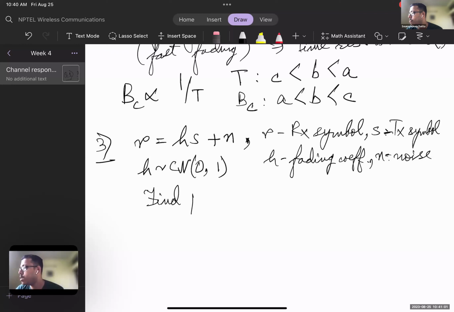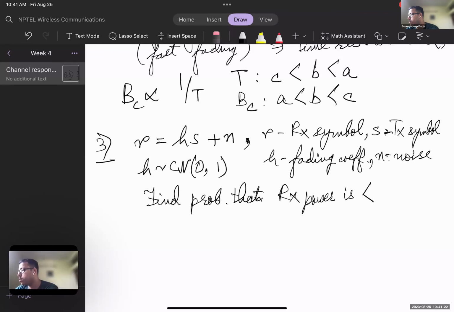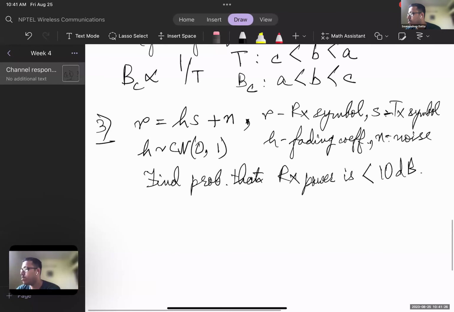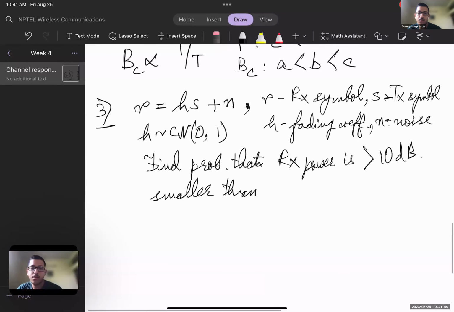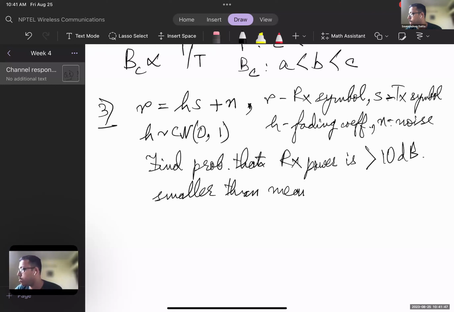Find the probability that the Rx power is greater than 10 dB smaller than the mean Rx power. So this is your question.